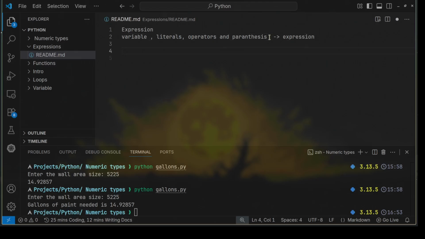What does an expression look like? An expression will look like 2 multiplied by x plus y, x plus 1, x minus 1.